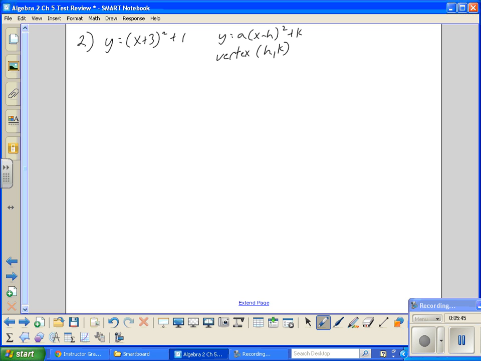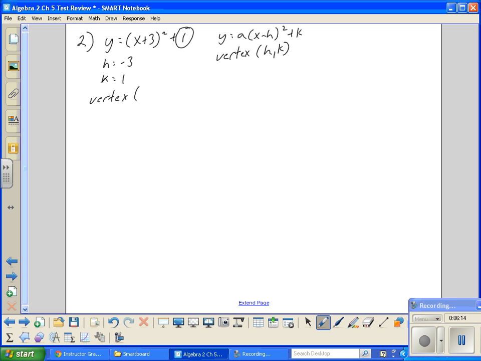So I can get my vertex straight off of the equation. So my h and my k, h is going to be in there with the x, and it's the opposite sign of whatever's in front of it. So that's, instead of a positive 3, h is negative 3, and then k is just whatever's added at the end. So, 1.